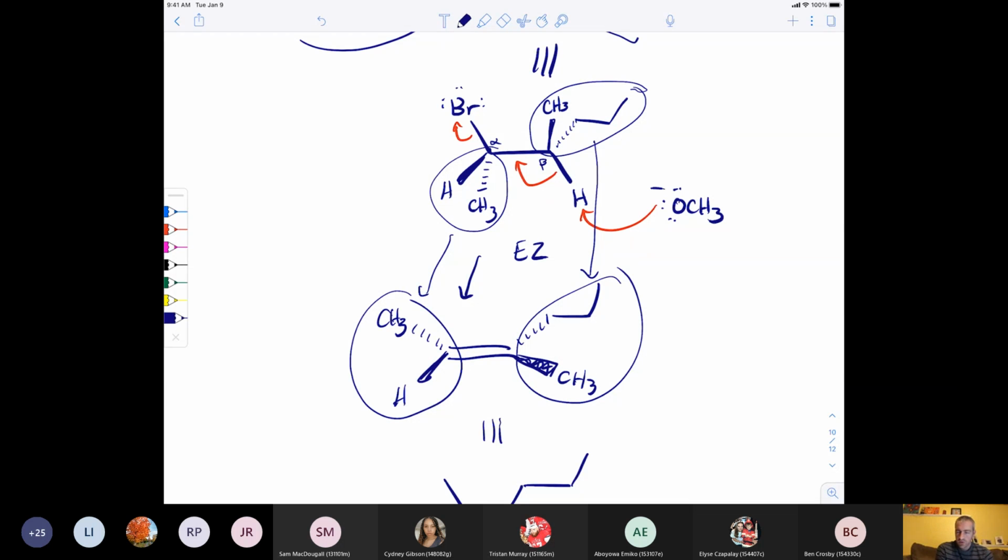Question, what if they're both equatorial on a ring? If they're both equatorial on a ring, they can't react. They both need to be axial. Although, if they're both equatorial, they could do a ring flip, which would make them both axial. So if I had a ring where there was an iodide here, say, and there was a hydrogen, let's put some methyls over here too.